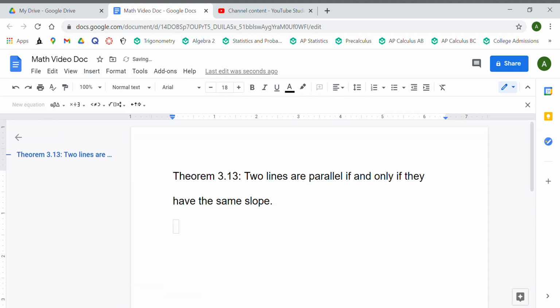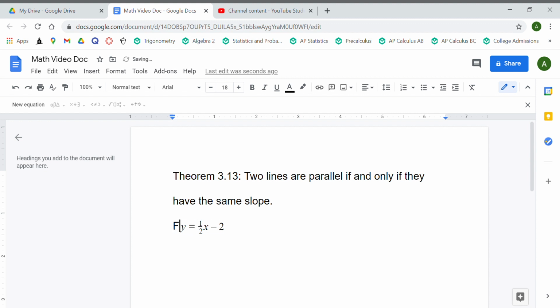Let's set up our equation: y equals 1/2 x minus 2.